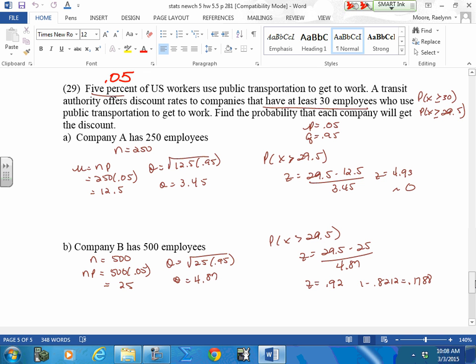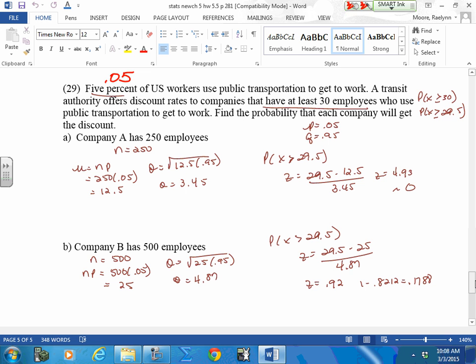I still have to hit the 30 number. So if I don't have a lot of employees, should I reach 30 easier or harder, right? The more employees I have, when I have like 500 employees, but I only want 30 of those employees to say yes, wouldn't that be a better probability?